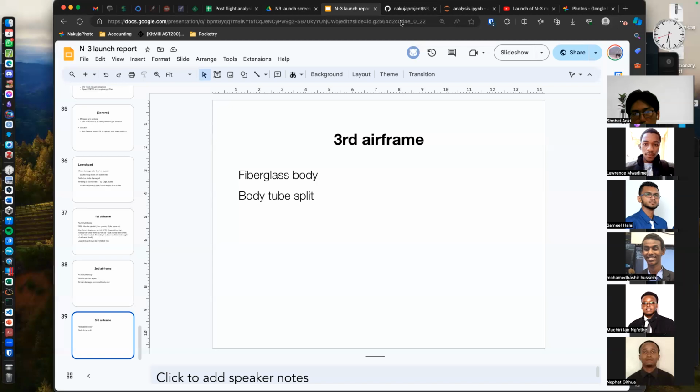But because it was fiberglass and a little bit brittle, it's just some pieces of fiberglass being thrown away, and it could not hold past that. The airframe, I think, broke into 2.